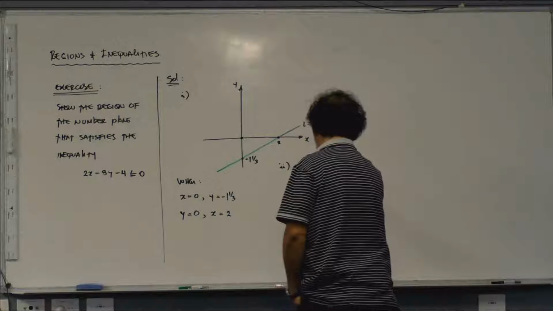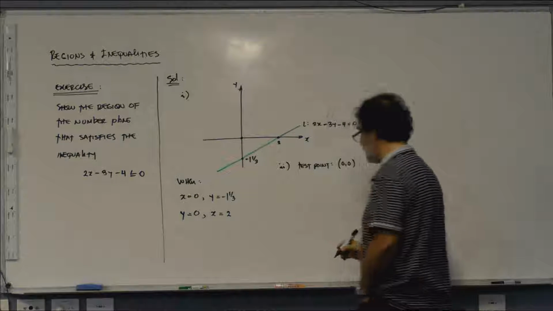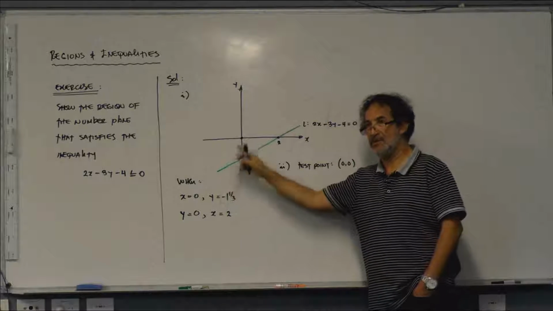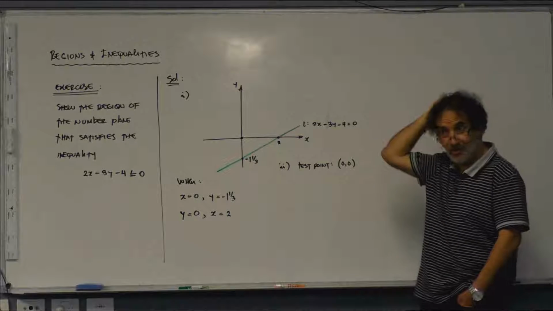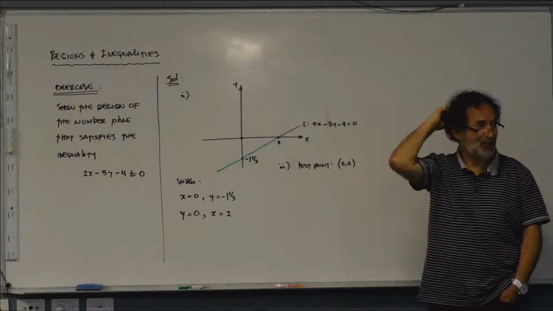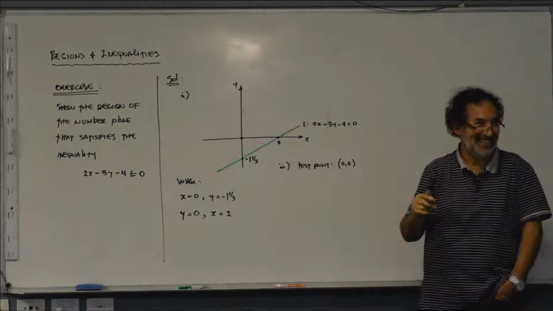Test point 0, 0. It is clear that if the line passes through 0, 0, then you're going to pick a different point. But you've got many, many points to choose from. It's not that you're going to choose negative 1/3 and then square root of 2 divided by 3. No way.